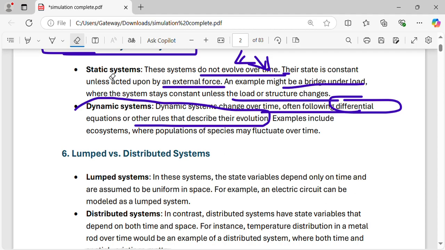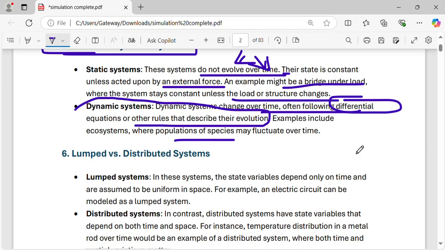That really works for differential equations, like ecosystems where populations of species may fluctuate over time, right? Even the weather could be a dynamic system, because it's also changing. It's not static, so it can also be represented using differential equations.